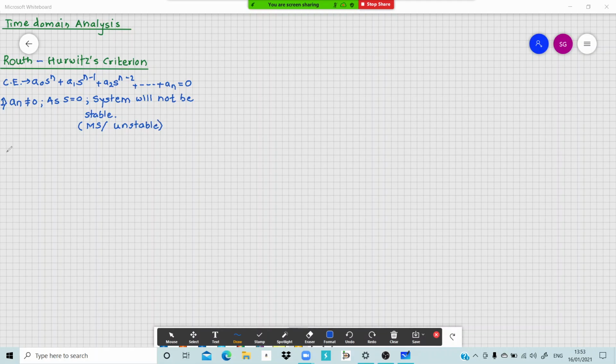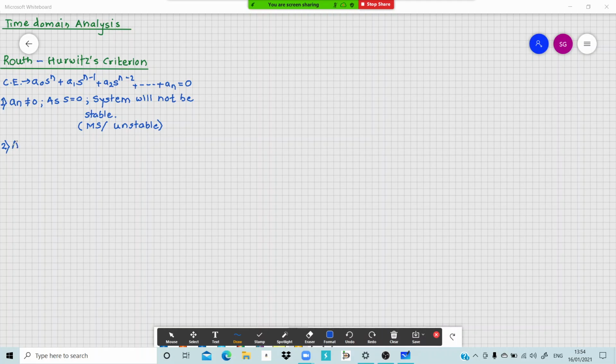Then the second thing is, always try to keep this a naught positive. Even if it is negative, you multiply the whole equation by minus 1, so that a naught will become positive, so that it will be easy for us to look for the first column in the Routh array, and immediately we'll be able to talk about the stability of the system. It's not compulsory, but try to go by this, it becomes easy.